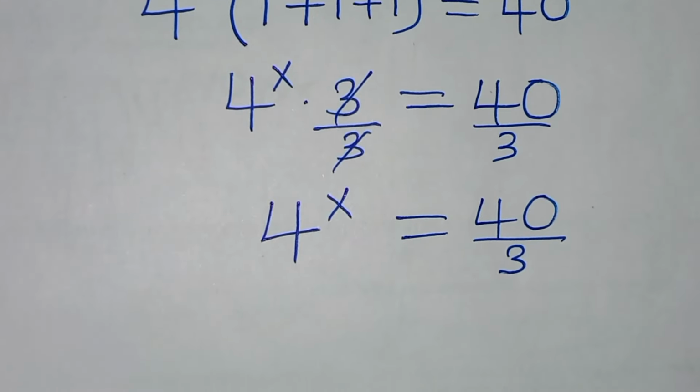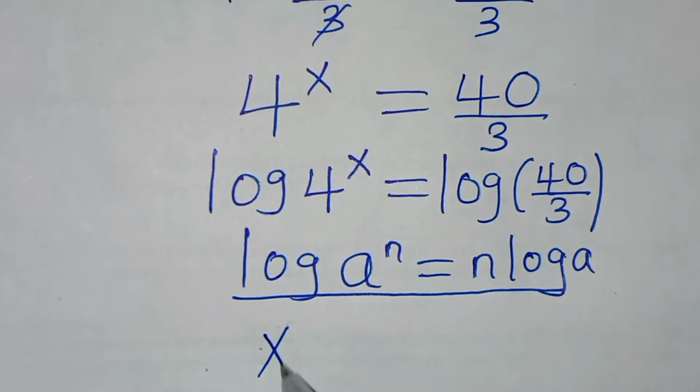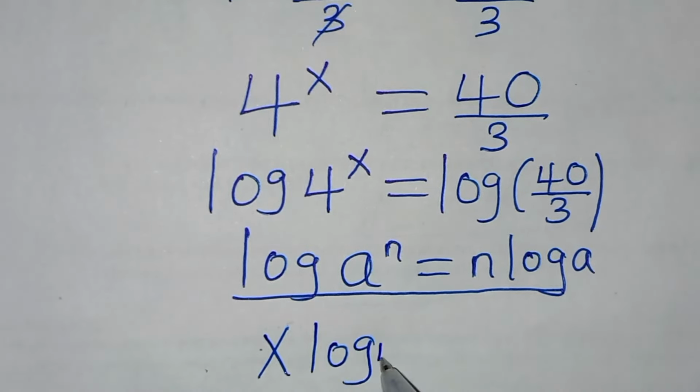Now, log 4 to the power x is in the form of log a to the power n, which we can express as n log a. Applying this power rule property, you find that log 4 to the power x becomes x log 4. This is equal to log 40 over 3.